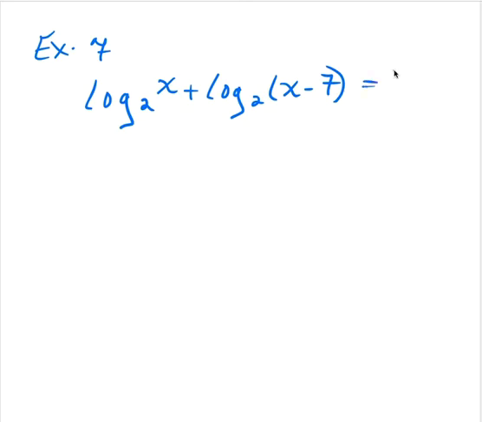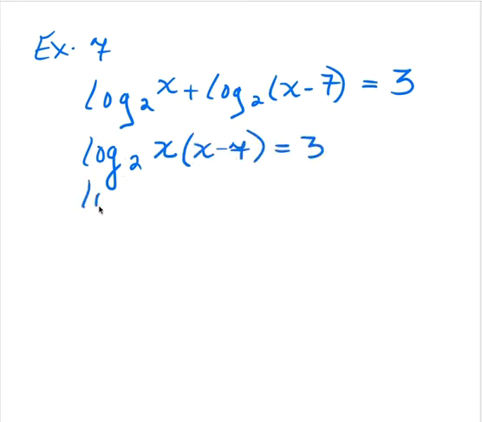The first thing you're going to want to do, pause it, and if you need more hints, keep going, is condense. You bring this together using your logarithm properties from the section before. This becomes the product of these two equals 3. So in other words, this is log base 2 of x squared minus 7x equals 3.